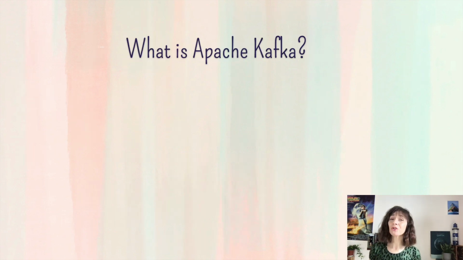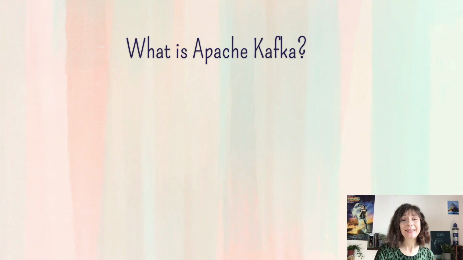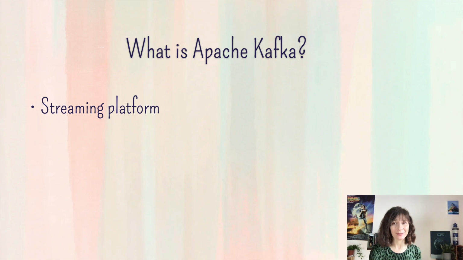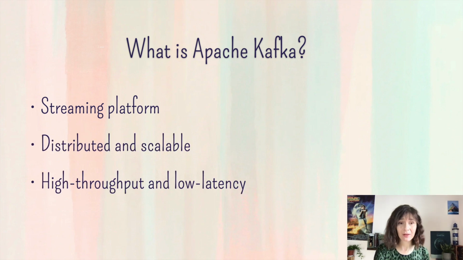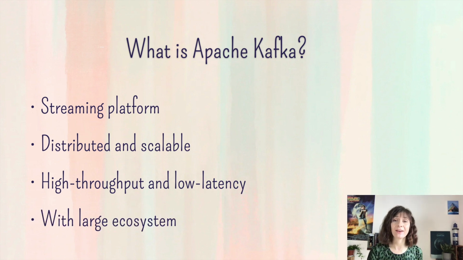So now I want to return to the definition of what Apache Kafka is. And I know definitions are boring, but it is so important for us to be aligned on what exactly we are talking about here. So, Apache Kafka is an event streaming platform that is distributed, scalable, high throughput, low latency, and has a very large ecosystem.